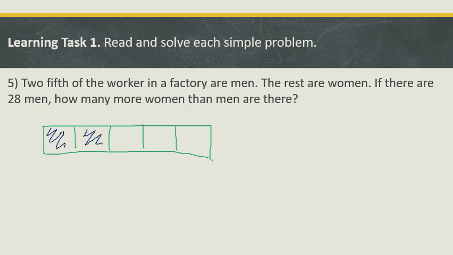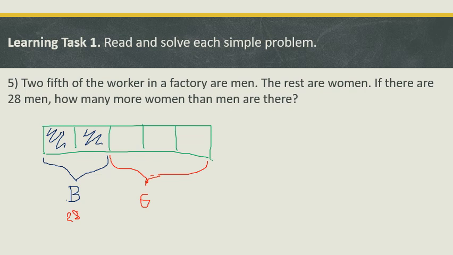So ito po ay men. Then, syempre, itong natitira, so ito po ay women. Yung 3/5. So, kung may 28 men daw, ang total nito ay 28. So, gaano daw mas madami ang women kaysa sa men.